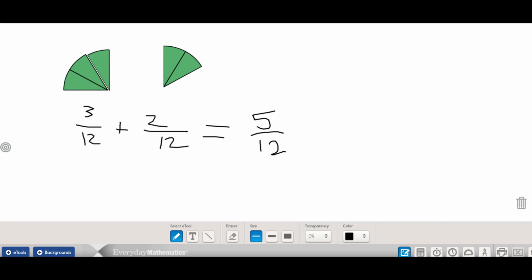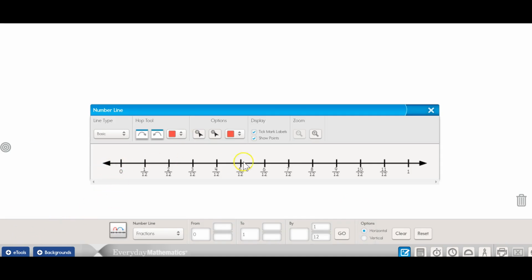Let's look at this same problem on a number line. My number line is divided into 12 equal parts. 12/12 makes up my one whole, the homework assignment. So Jenny finished 3/12 in school.